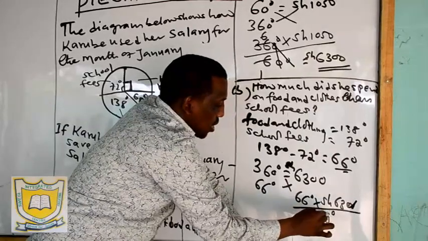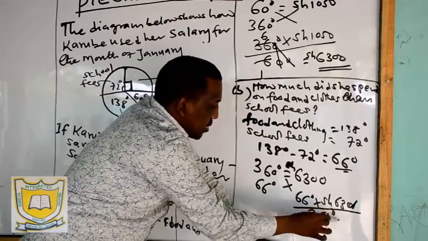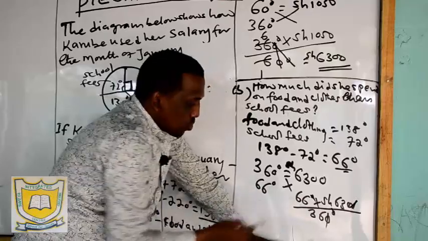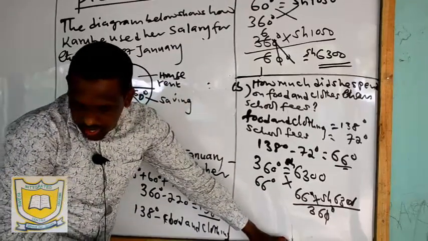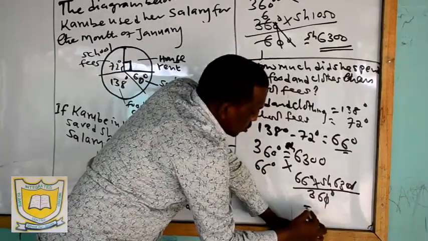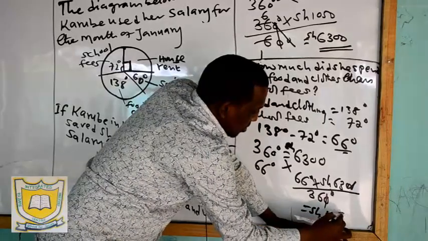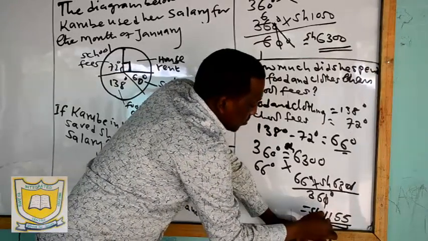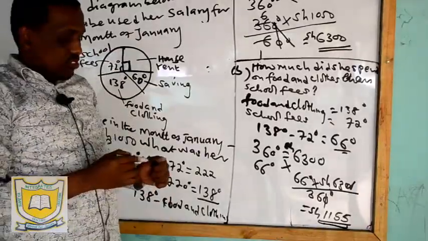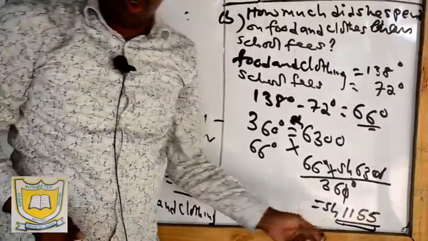Cancel degrees, and when you simplify, your answer is shillings 1,155. That is how we get how much more.